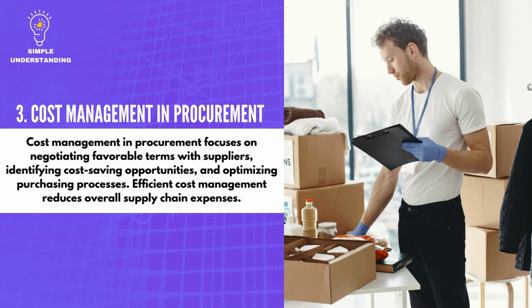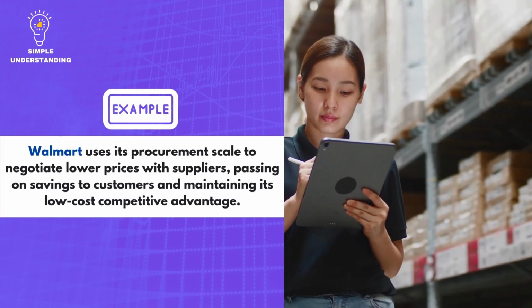Explanation. Cost management in procurement focuses on negotiating favorable terms with suppliers, identifying cost-saving opportunities, and optimizing purchasing processes. Efficient cost management reduces overall supply chain expenses. Real company example.